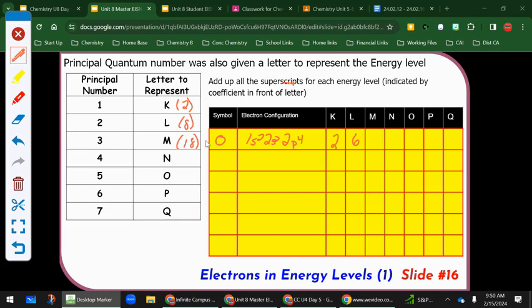What sublevels are in the fourth? SPDF. Okay, how many in an S? How many in a P? Six. How many in a D? How many in an F? 14. 2 plus 6 plus 10 plus 14 equals 32.